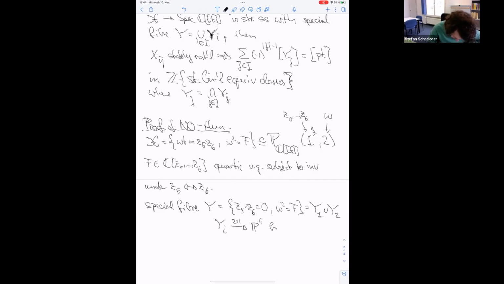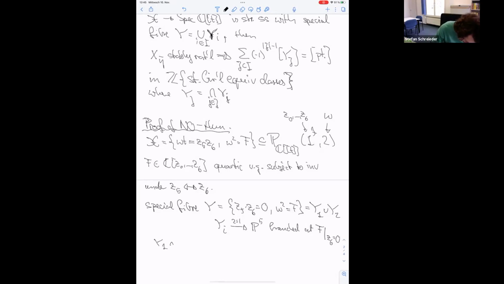this Yi is a 2-to-1 cover of P5 branched at the quartic F, where Z5 or Z6 is 0, but the symmetry in Z5 and Z6 tells me that it's always branched at the same thing. So Y1 and Y2 are isomorphic to each other.